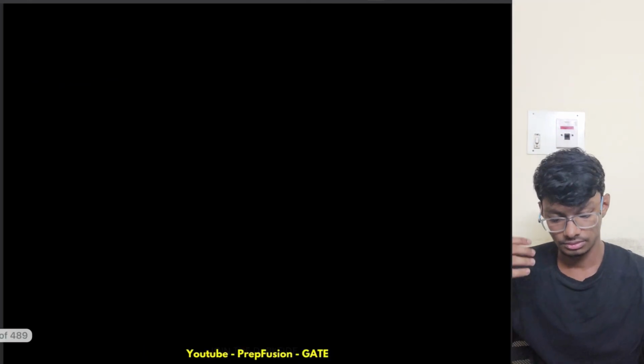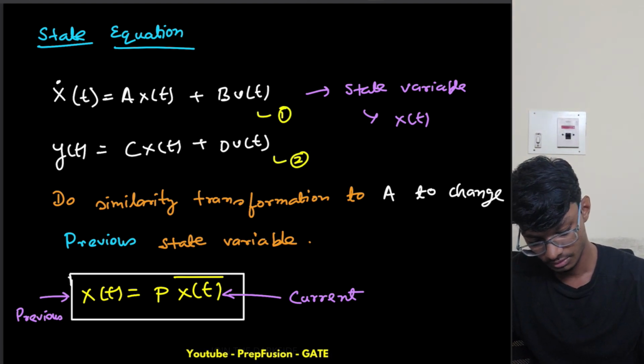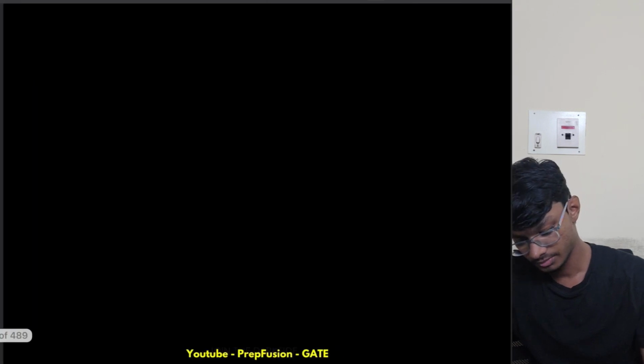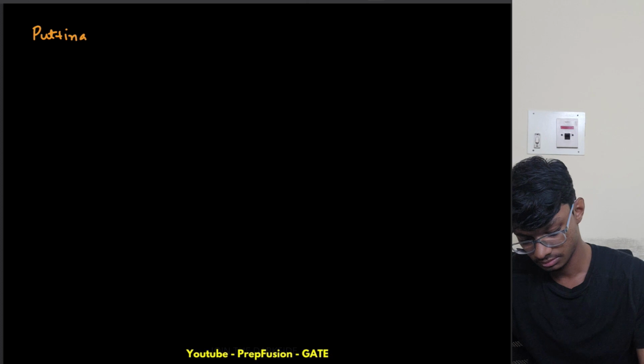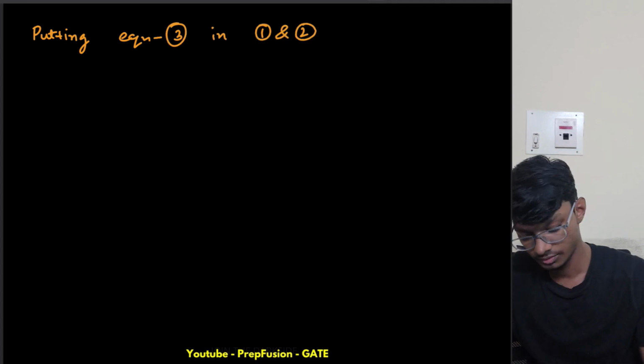Now let me name these equations: this as 1, this as 2, and this as 3. Putting equation 3 in 1 and 2, what do you get?